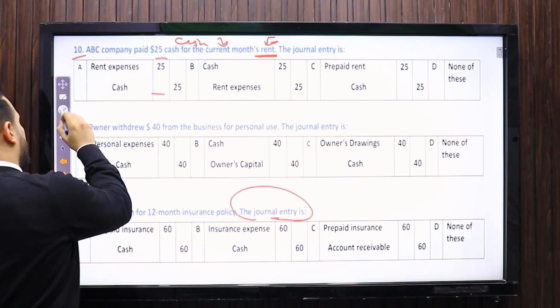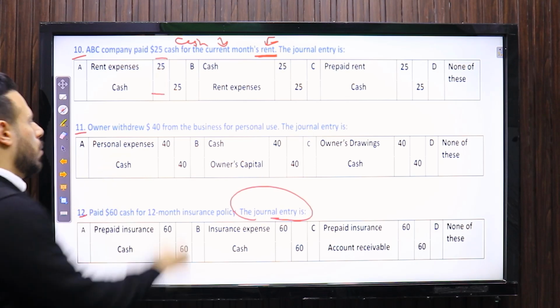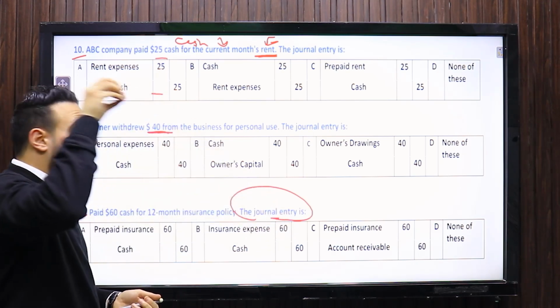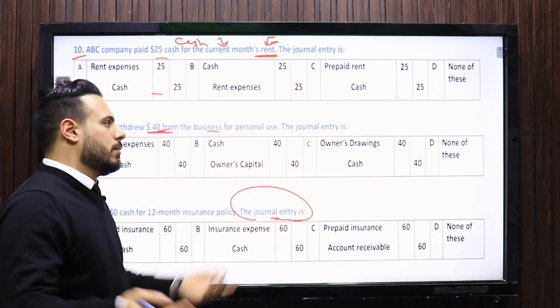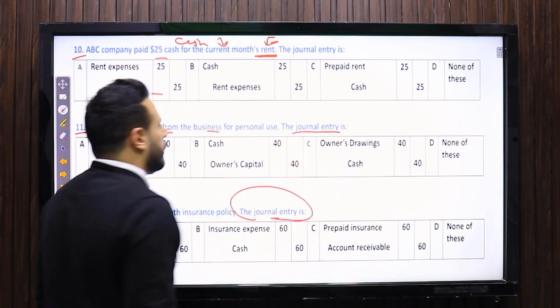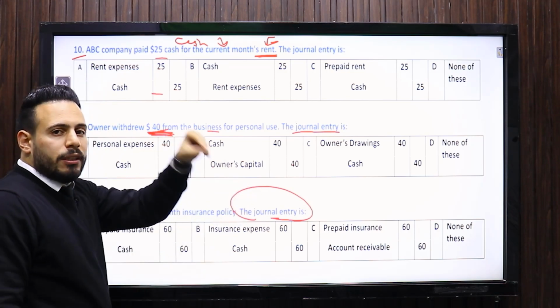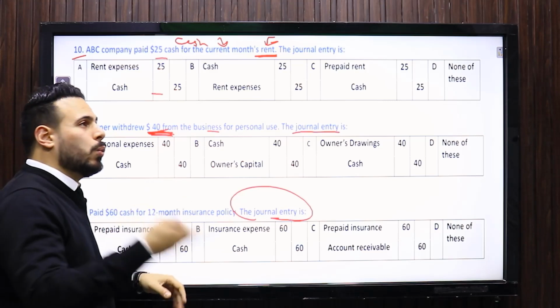Question number 11. The owner withdrew $40 from the business for personal use. If the owner withdrew $40, will the cash increase or decrease? The cash will decrease.